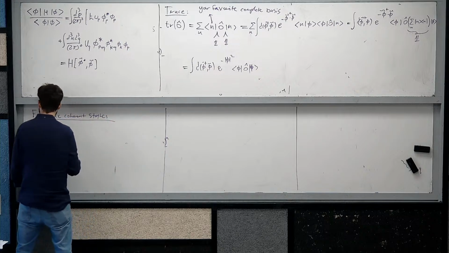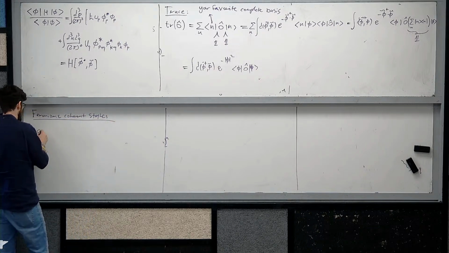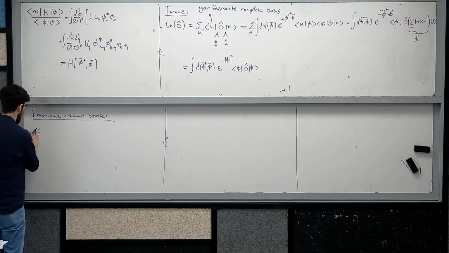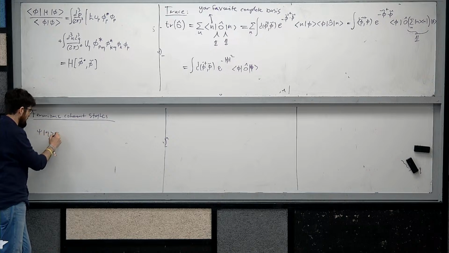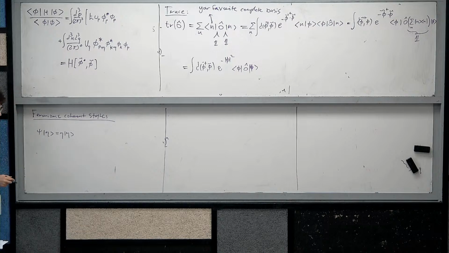Say I want to have a fermionic operator, say C, or maybe we can call it psi, acting on some eta, giving me eta. And that's what I want.